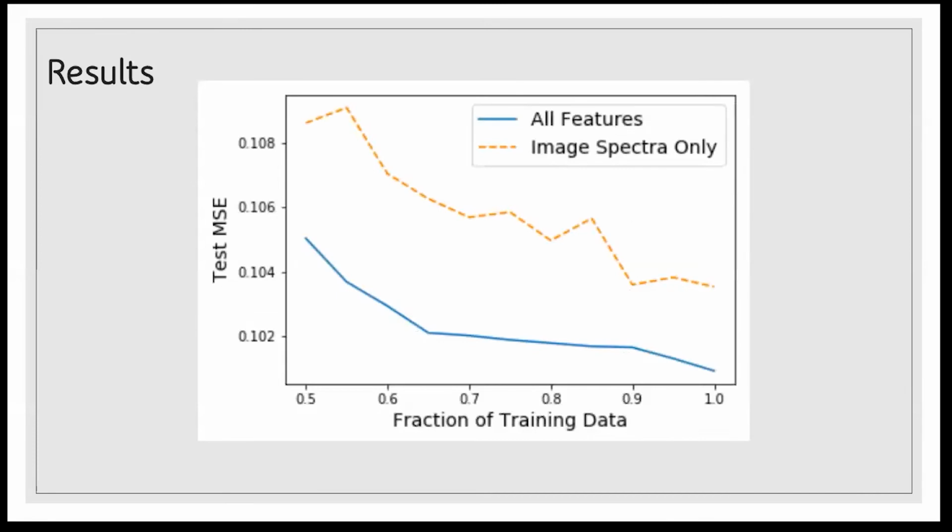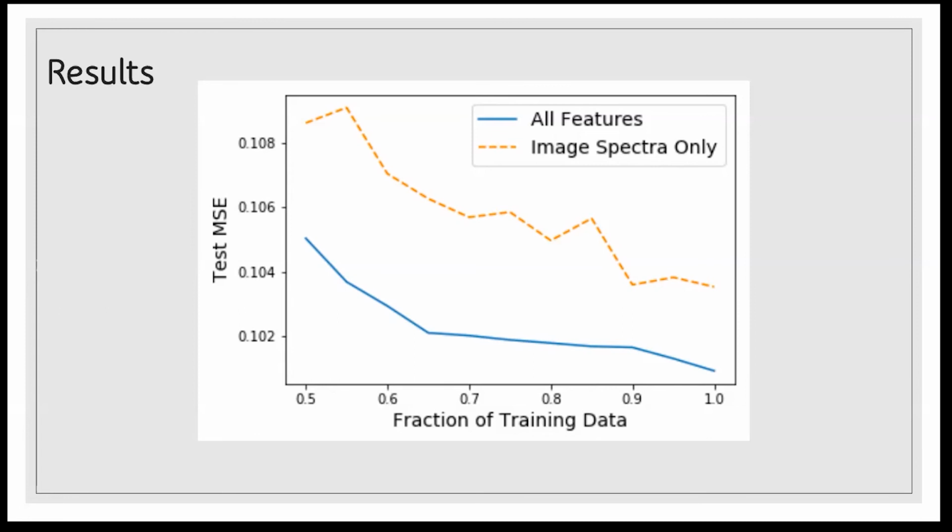We wanted to look further into that to see whether that was actually true. So we performed a test by limiting the amount of training data that we use. We start with 50% of the data, and then we incrementally increase to 100% of the data.